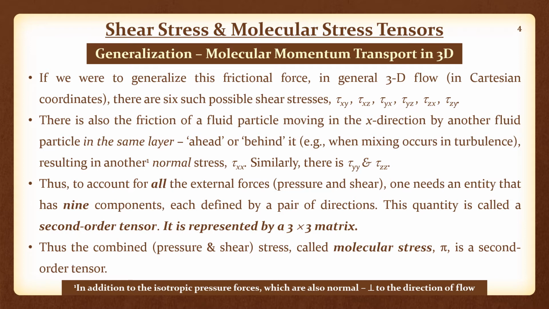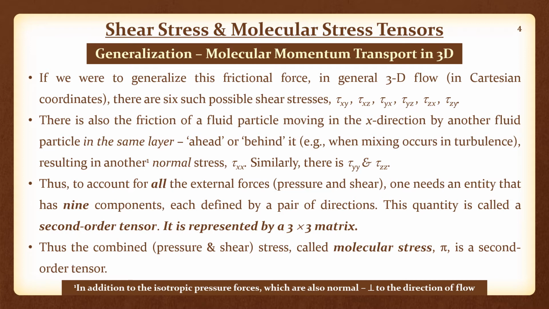So all together, to account for the entire contact or molecular stress that a fluid particle experiences, you need 9 quantities, all defined by a pair of directions. Such an entity that has 9 components, each defined by a pair of directions, is called a second order tensor.